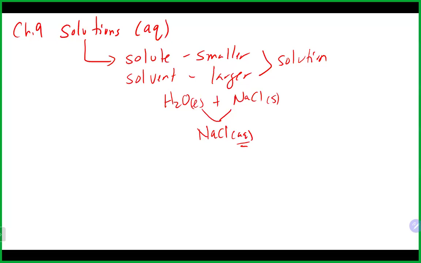Although they are both in sort of the liquid state, something with an L is just a pure substance. So water by itself, nothing else there. Again, a solution is really a mixture of two or more things, usually two things, where we have the solute and the solvent.